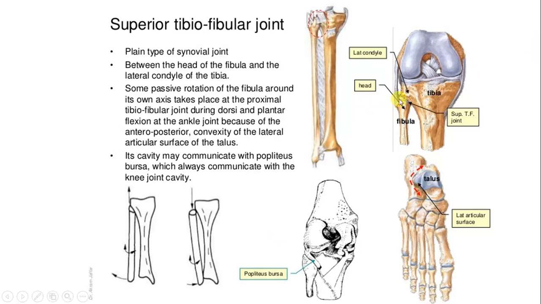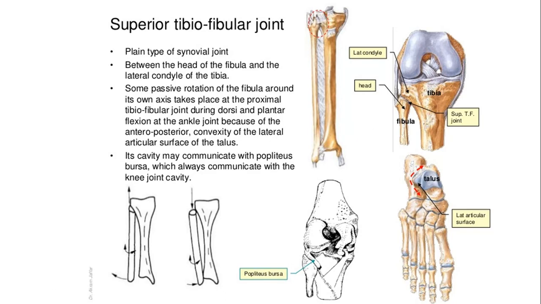And we have learned that if it is a synovial joint, it must have a synovial membrane and a capsule, and the capsule is at the articular margins. As it is very near the knee joint, the synovial membrane may communicate with the knee joint through the tendon of the popliteus muscle. So now we have understood these things.